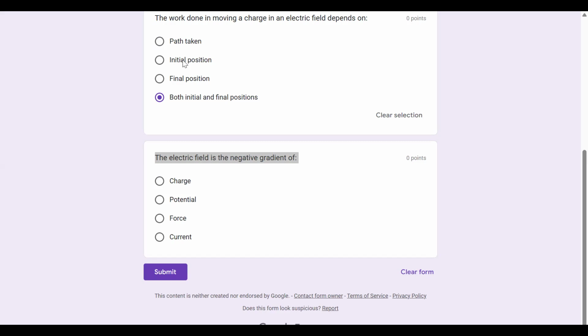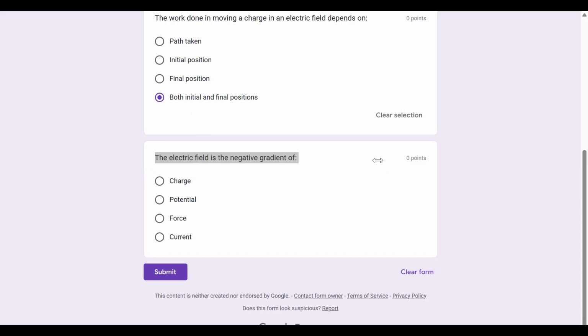Which one is correct? Charge, potential, force, current.